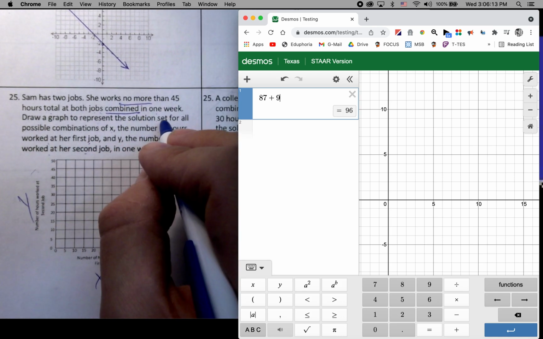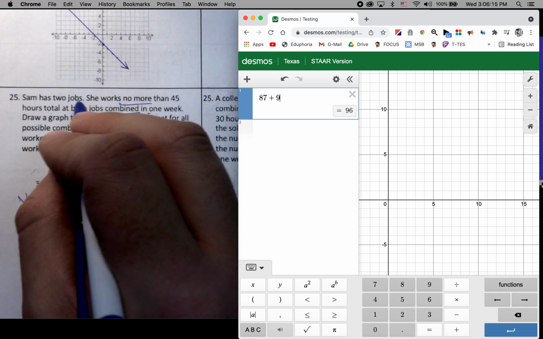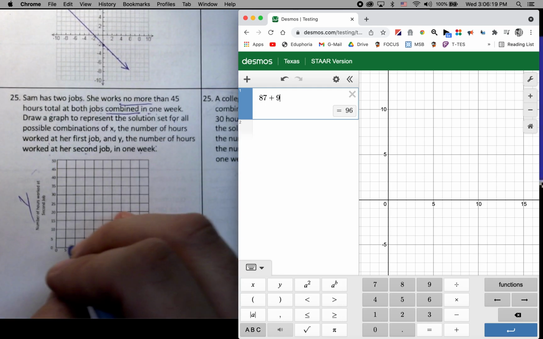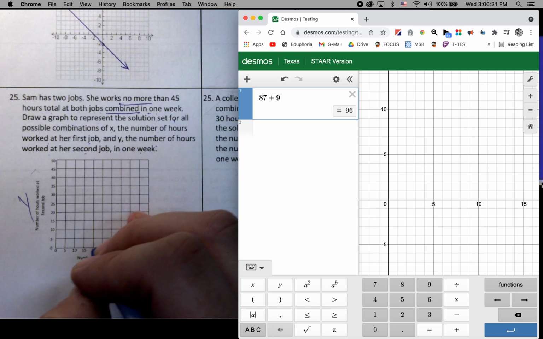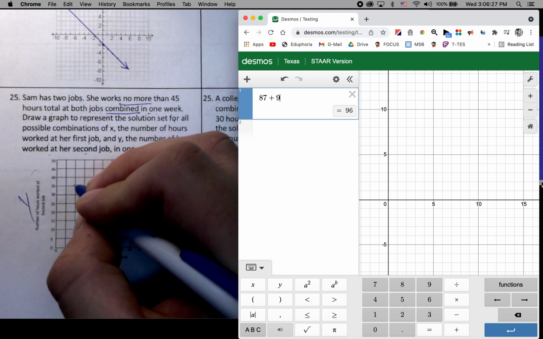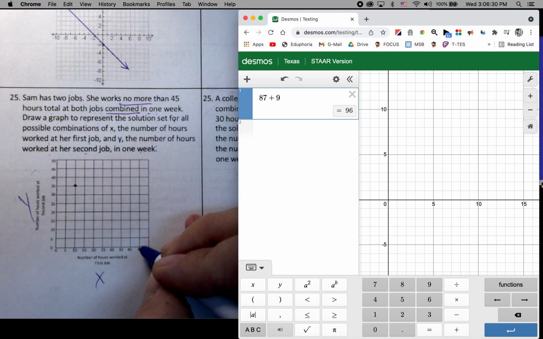Represent. Okay, so that means that whatever these 2 values add up to be, they need to total 45. So if I worked 10 hours, I would have to work 35 here. If I worked 45 hours, I couldn't work at all on my second job.